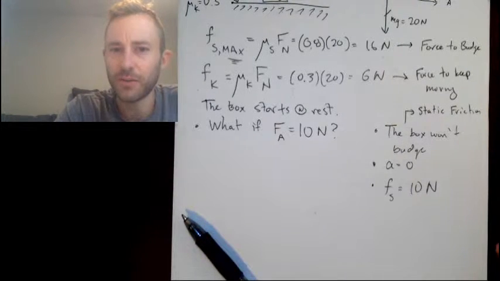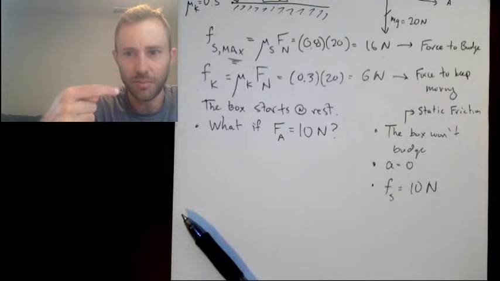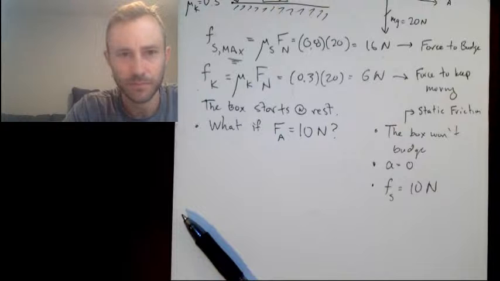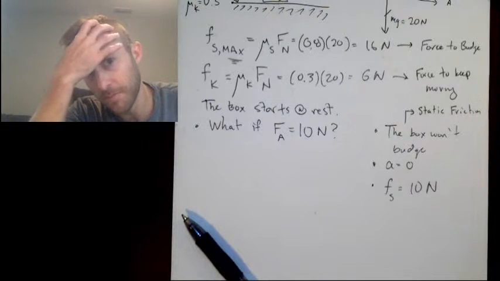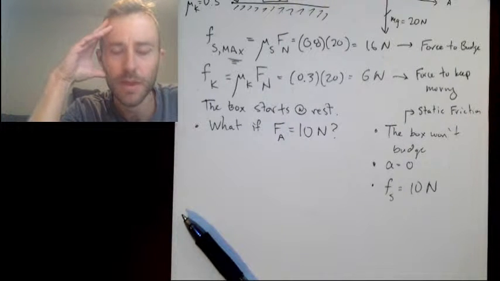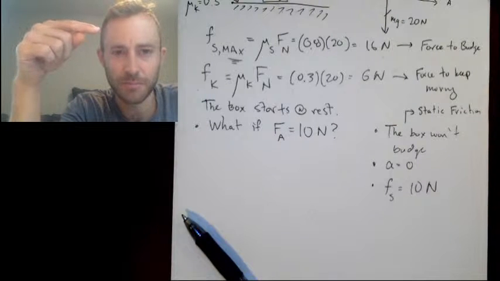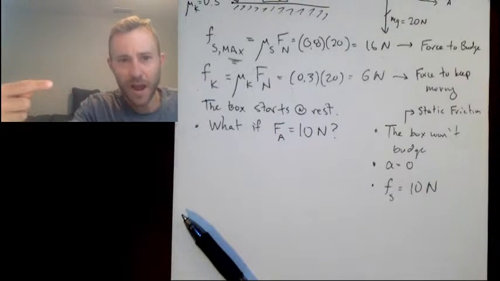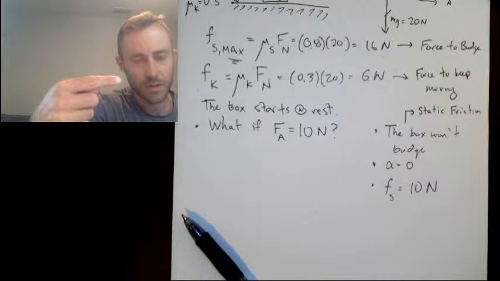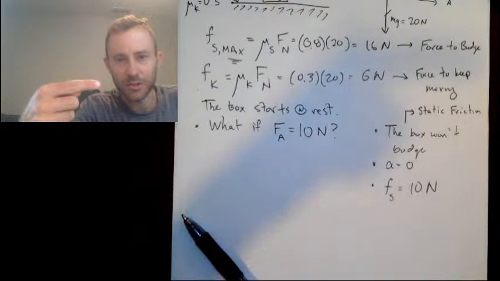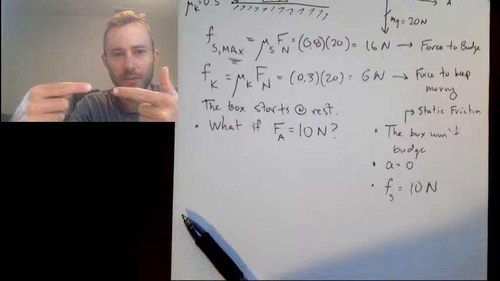The way static friction works is that it matches the applied force, up to the maximum. So if you apply 5 newtons of force, then static friction is going to fight back with 5 newtons of force.